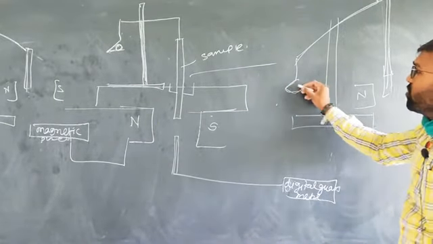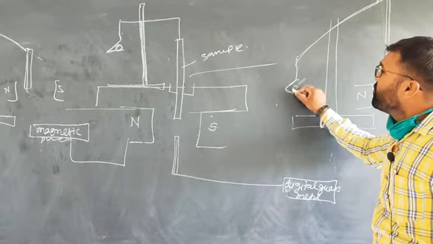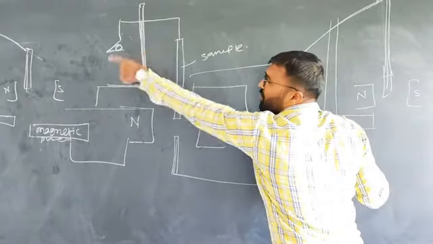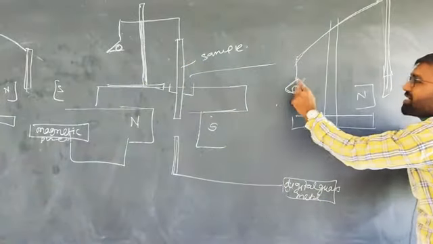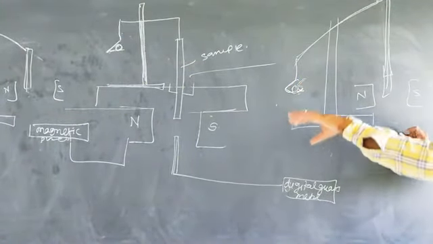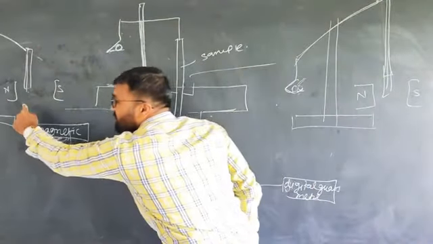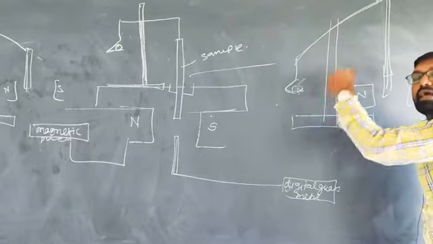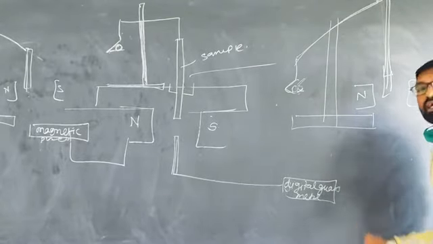Now here you have to remove the weight you placed at the initial position to equate the sample. That means here you have to remove the weights now. Note how much weight is added in the case of paramagnetic material and how much weight is removed in the case of diamagnetic material.